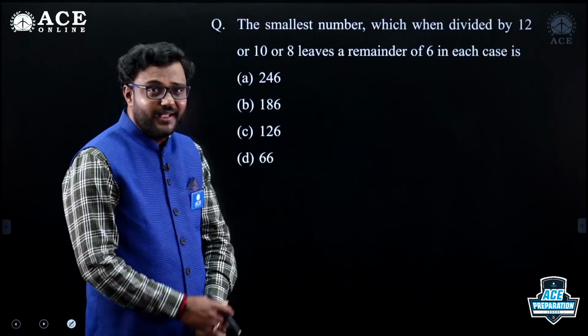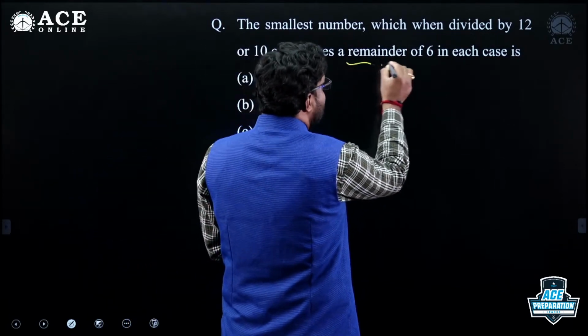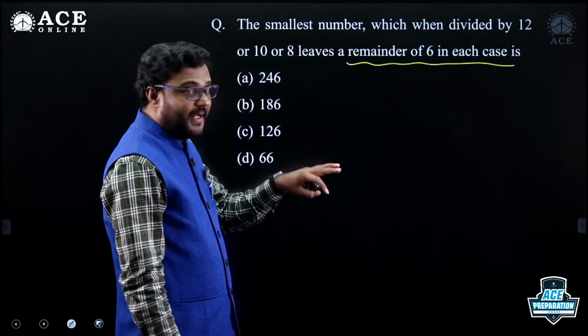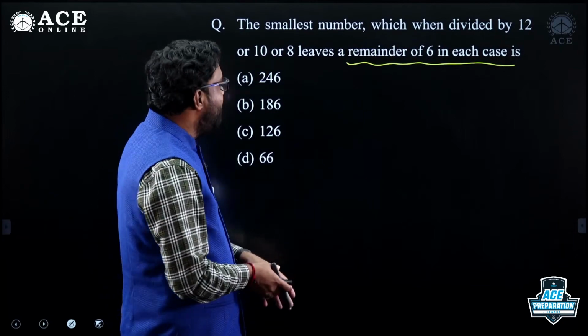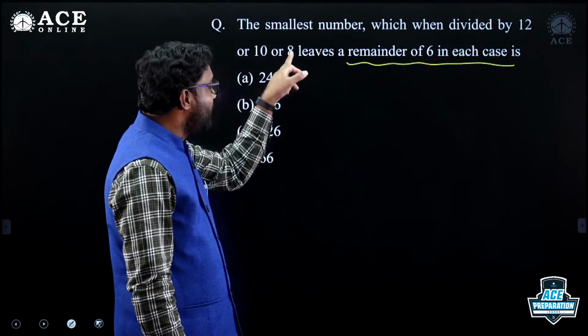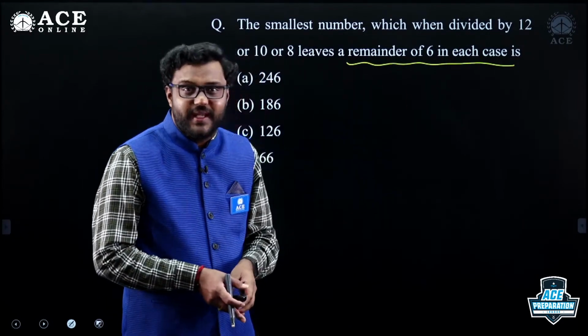See the next question. Here they want a remainder of 6 in each case. The smallest number divided by 12 or 10 or 8. The number should be divided by 12, by 10, and by 8, but it should produce 6 as the remainder in each case.